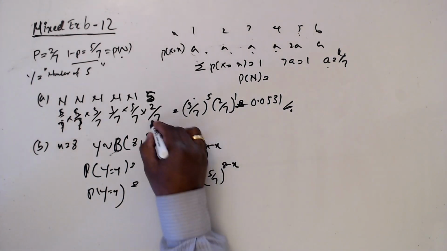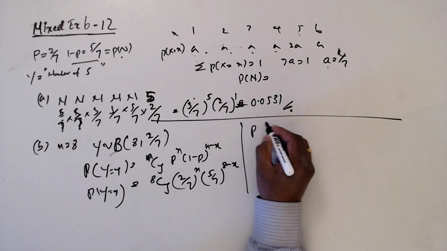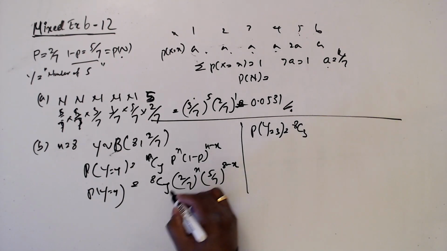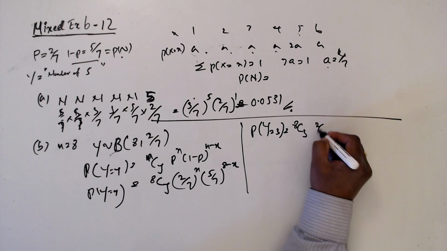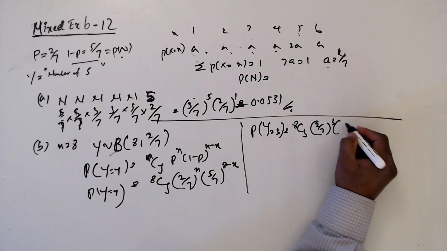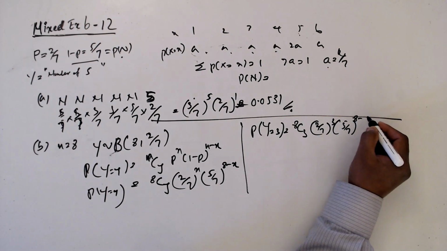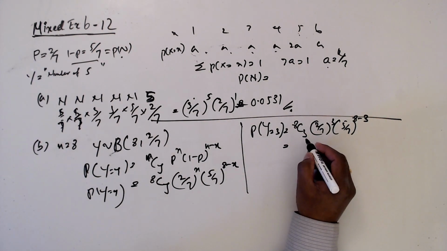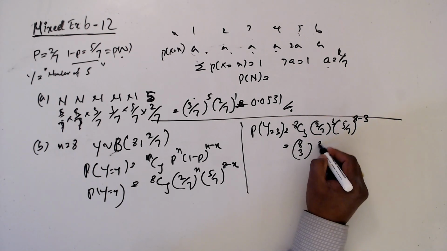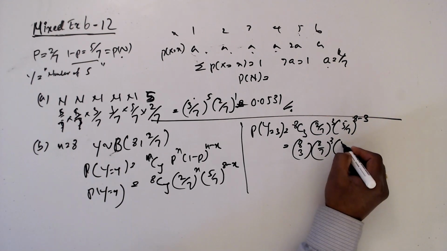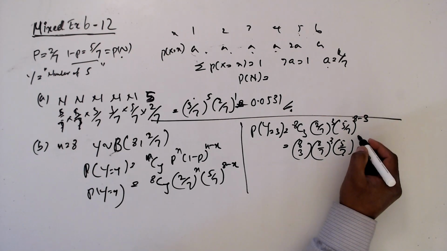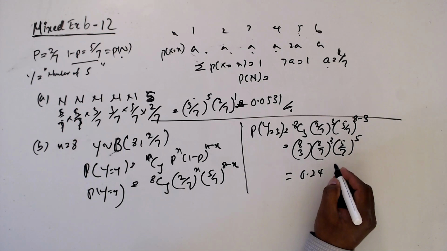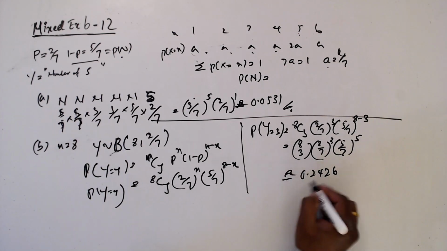So now I need probability of Y equal 3, then 8C3, 2 over 7 to the 3, and 5 over 7 to the 8 minus 3. So that is 8C3, 2 over 7 cubed, and 5 over 7 to the 5. So that value has to be 0.246 approximately.